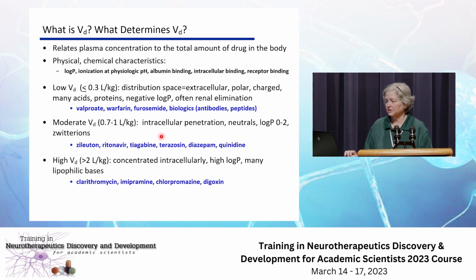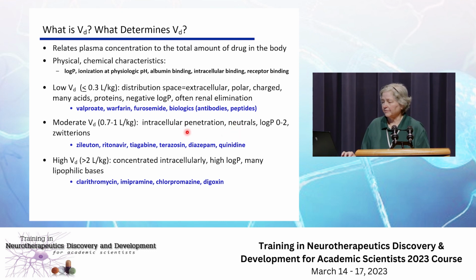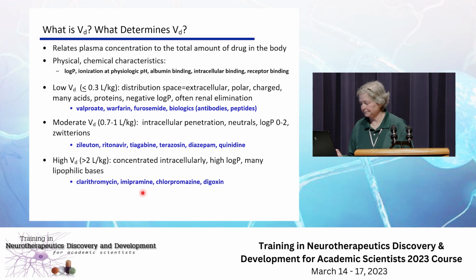Compounds with moderate volumes of distribution tend to be a little bit more lipophilic, tend to be neutral, and have more intercellular penetration than compounds with low volumes of distribution. Compounds with high volumes of distribution tend to be more lipophilic and have a higher probability of having brain distribution. It's not a given, but if you have a higher volume of distribution, the probability improves that you'll actually get drug into the brain.